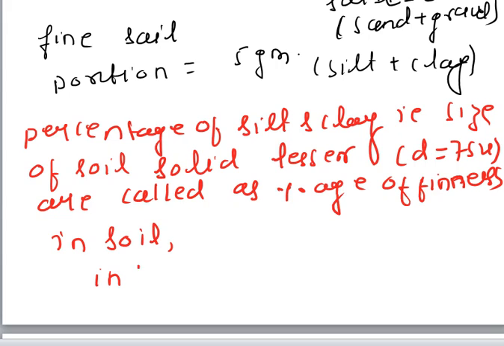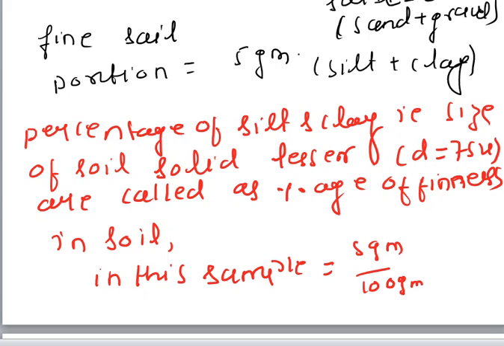Okay, so what is the percentage? So in this sample, what is the percentage of fineness? It is not 0.5%, it is 5 gram over 100 gram into 100.